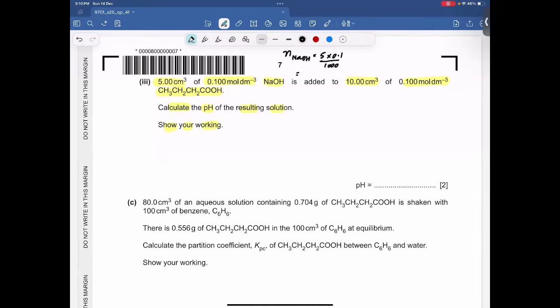So I'll get how much moles? 5 into 10 to the power minus 4. Yes, that's correct.